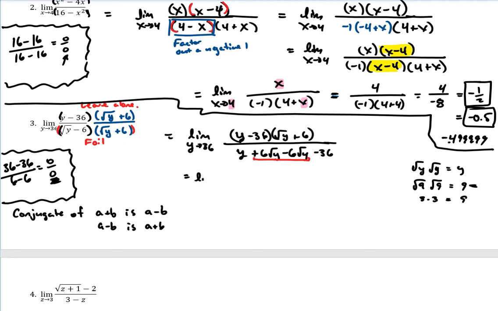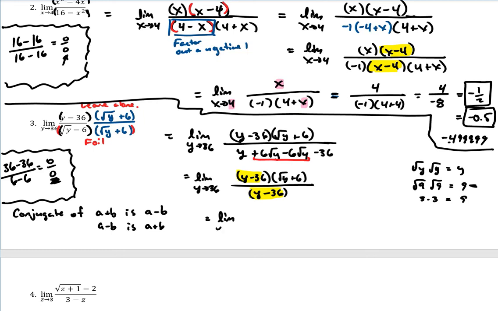And so it simplifies into the limit as y goes to 36 of, again, leave that alone up top, y minus 36 times square root of y plus 6 over y minus 36. And then now we can see I have the same thing in a numerator that I do in a denominator, so they cancel each other out.